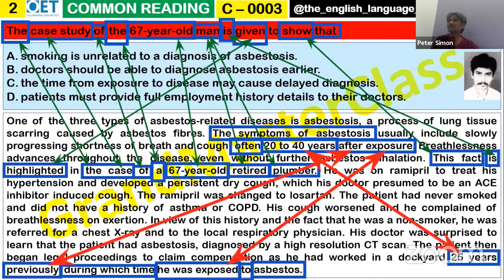If these signs and symptoms came earlier, maybe just 5 years after exposure, he would have been diagnosed immediately and at least some treatment would have been given. Of course, there is no permanent treatment for asbestosis. You cannot cure it. He has to live with it lifelong.